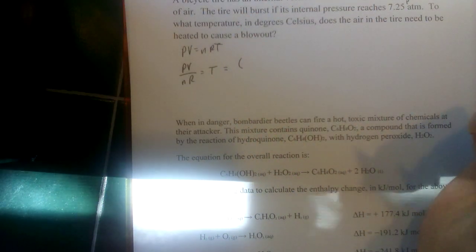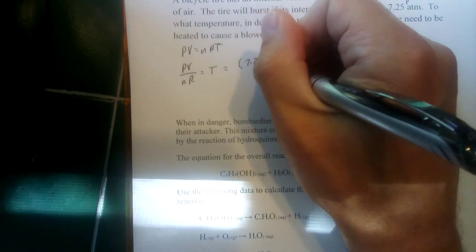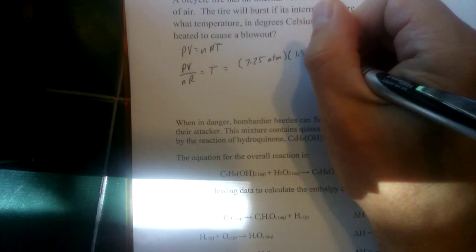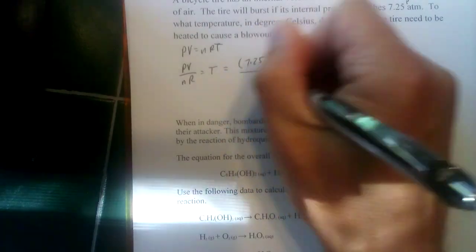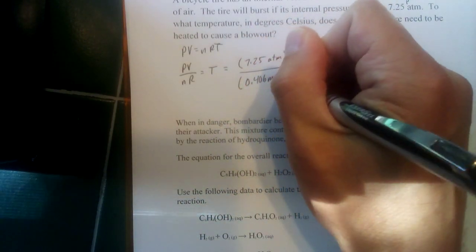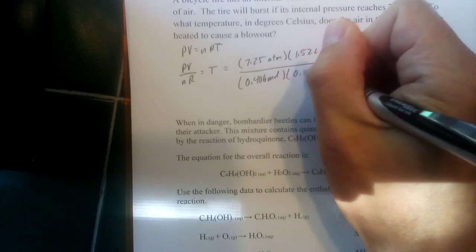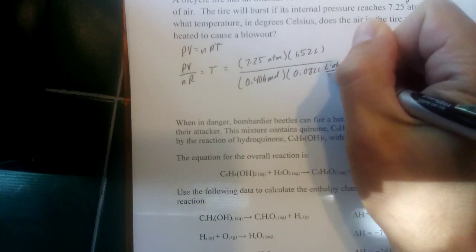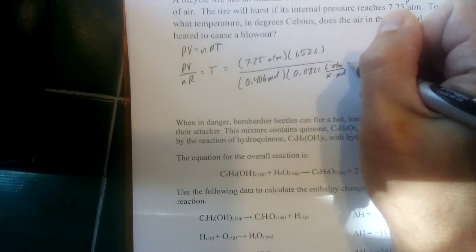The pressure is 7.25 atmospheres. The volume is 1.52 liters. Number of moles, 0.406 moles. And R, of course, is 0.0821 liter atmospheres per Kelvin mole.